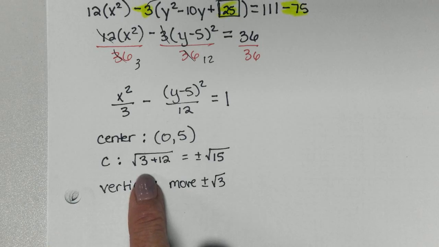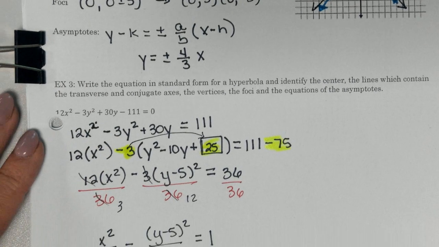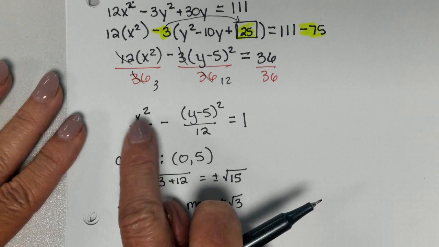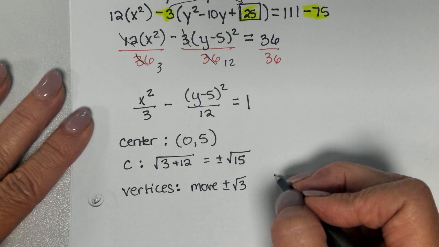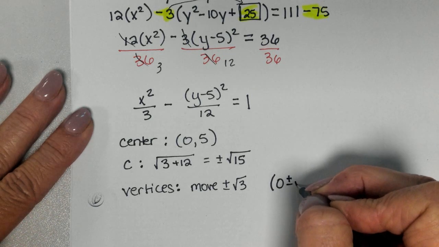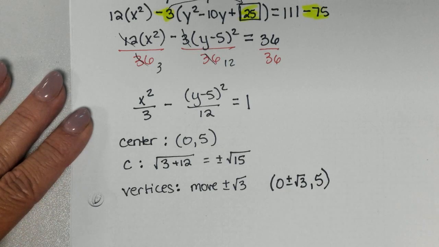How do we know? Because our x is first, right? It's going to affect our x. So we've got 0 plus or minus the square root of 3, comma 5 for our vertices.